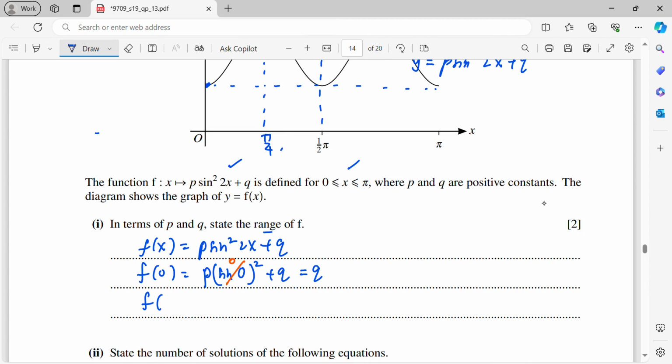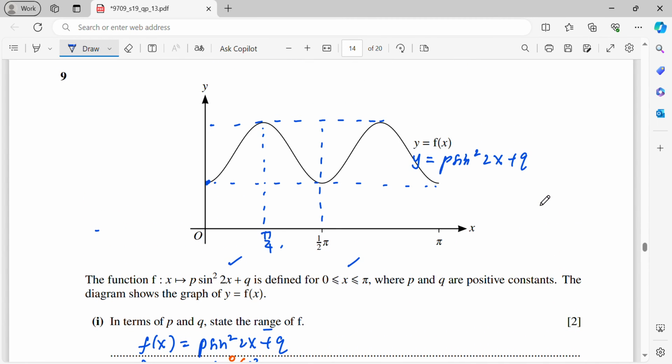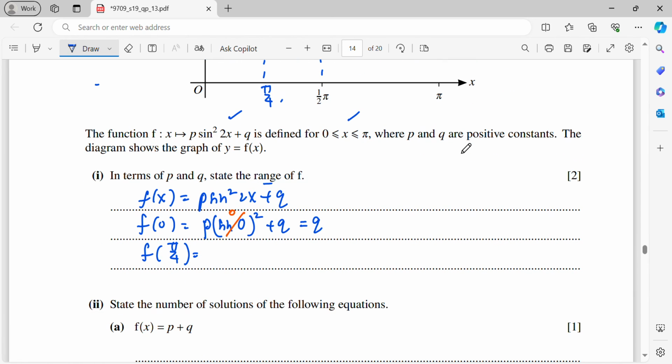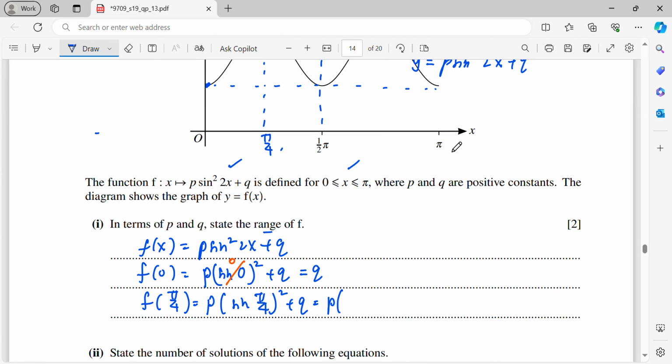Okay, then f(π/4). So f(π/4) is p sin(π/4) squared plus q. This is going to be p. Sin π/4 is basically, okay, wait. Sin squared 2x, I missed out the 2x.